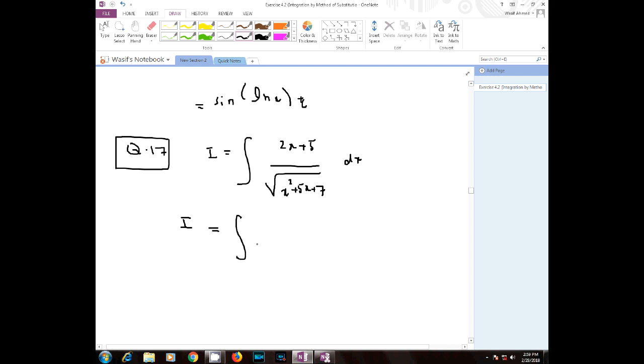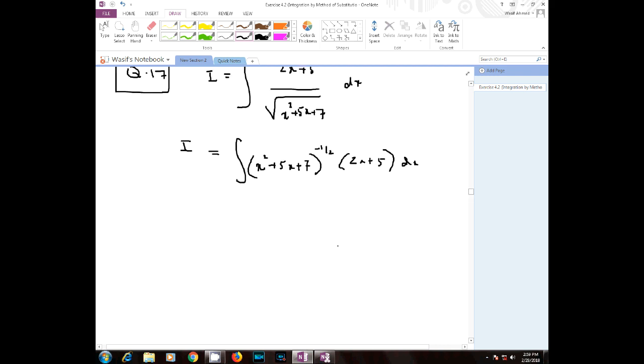I is equal to the integral of x squared plus 5x plus 7 whole raised to the power minus 1 by 2, and the next term is 2x plus 5 dx. You can notice that the derivative of the base term, that is x squared plus 5x plus 7, is 2x plus 5, which is given just in the front.